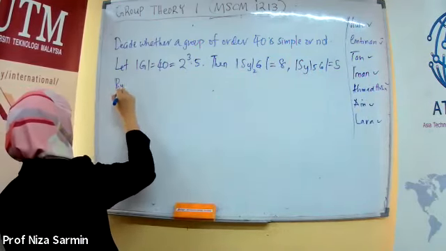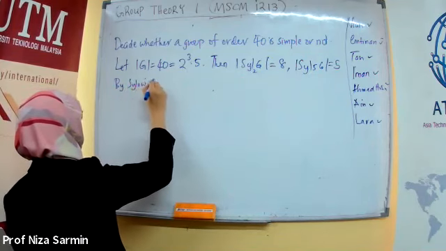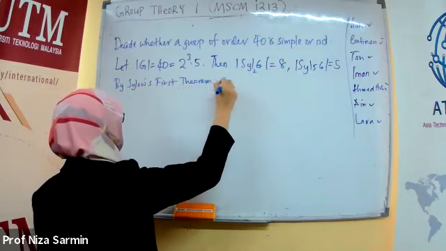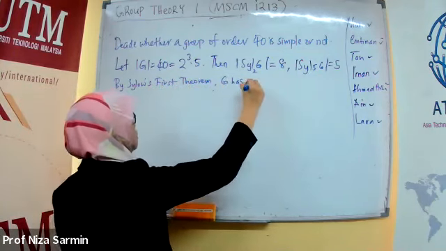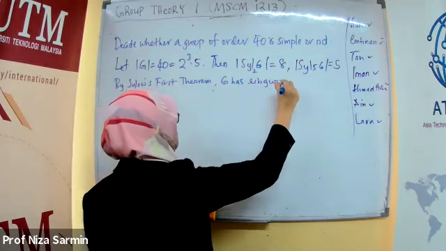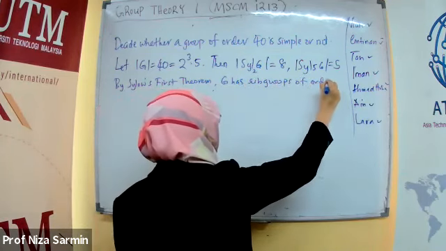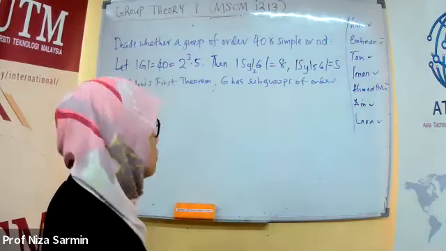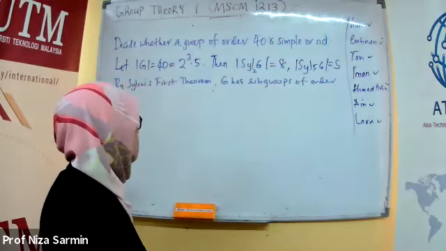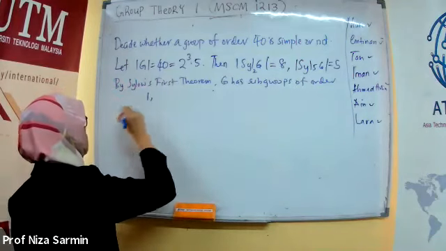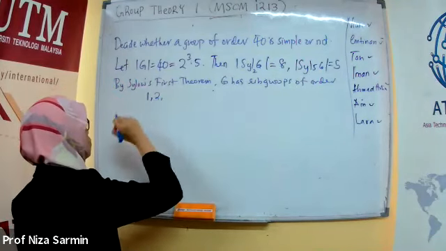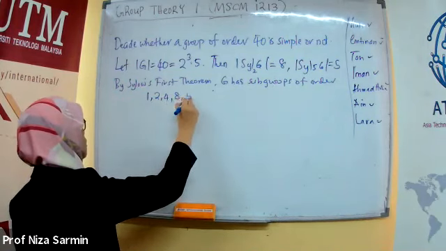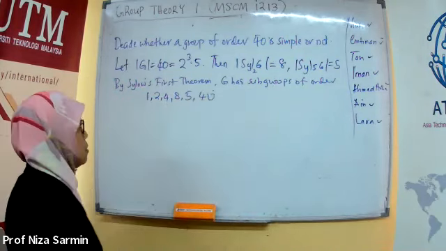By Sylow's first theorem, G has subgroups of order 1, 2, 4, 5, 8, and the whole thing, right?